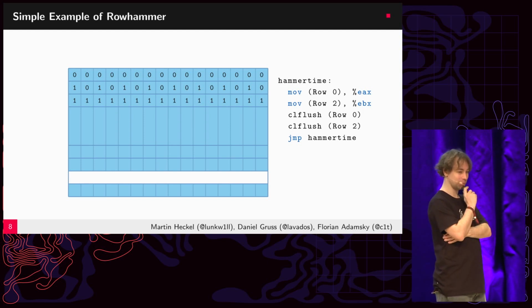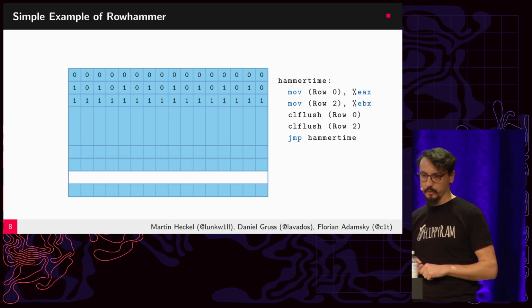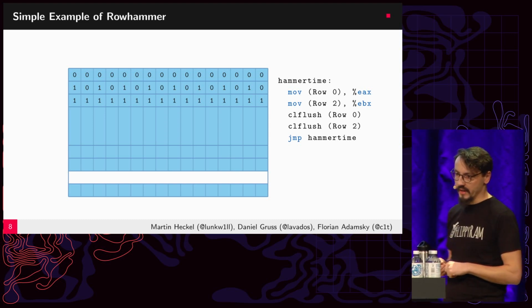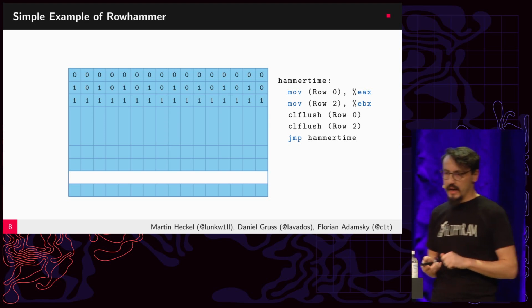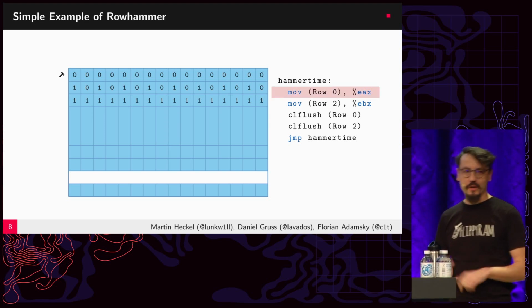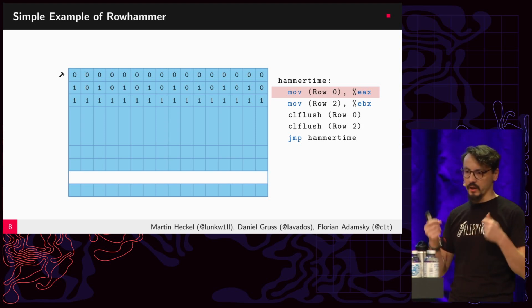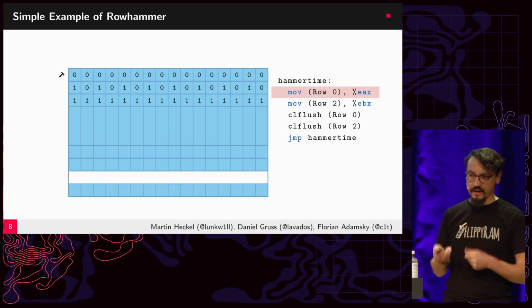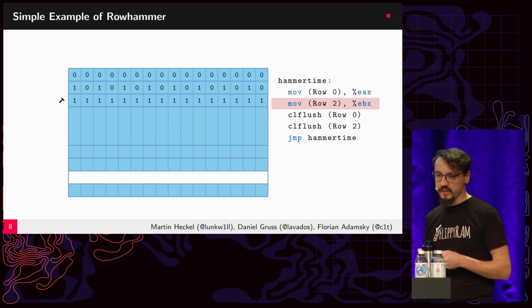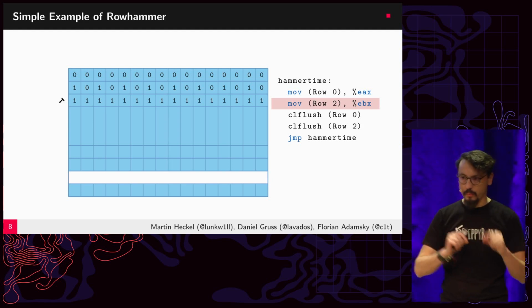So here on the right side, you can see the assembler instructions that can actually exploit Rowhammer. You can see we have 3 rows here. And the first thing that we are doing, we are just reading memory from our own memory. So we are moving data from that row to the row buffer, and we are reading that data from the row buffer.